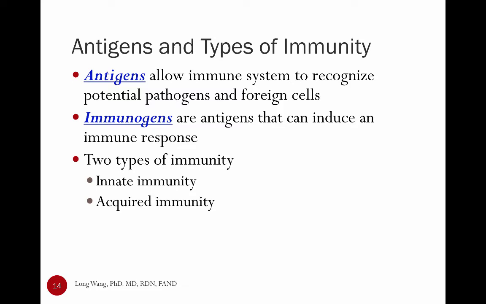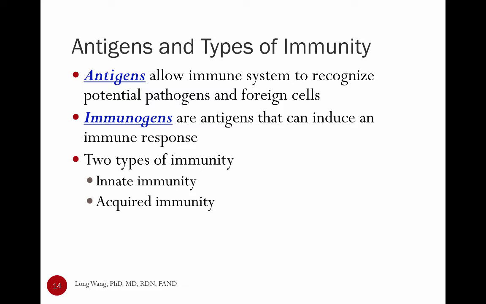But anyway, this marker allows the immune system to recognize, okay, this is a pathogen, a disease-causing entity, we have to destroy it. Or this is a cell that has been infected. We need to confine it, deal with it, and not allow it to spread to other cells.